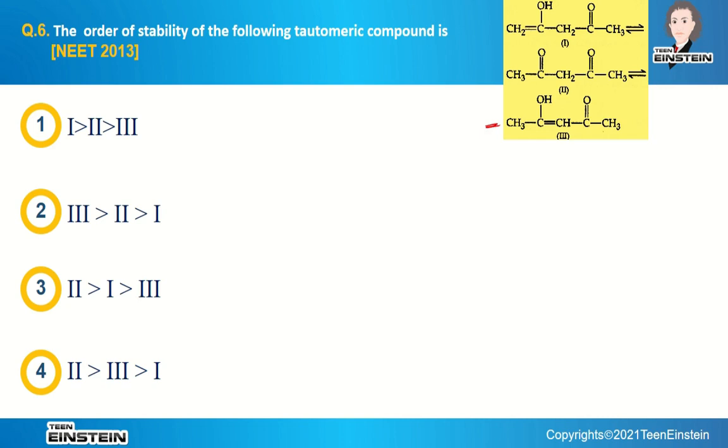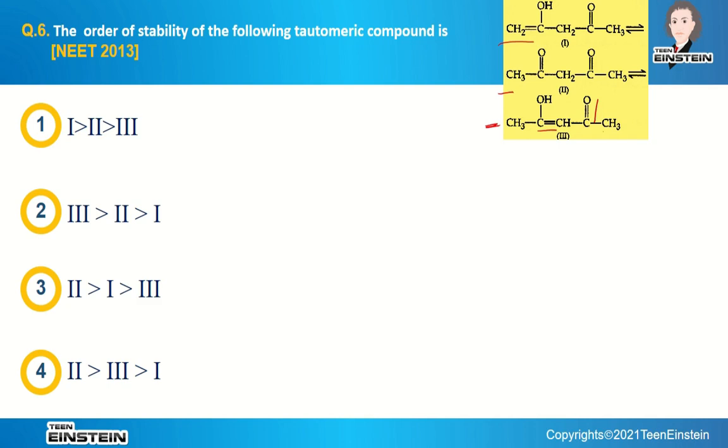Here the C double bond C and C double bond O are conjugated, which results in delocalization and hydrogen bonding. Tautomer 1 is less stable than 2. Here the enol is less stable than the carbonyl group.